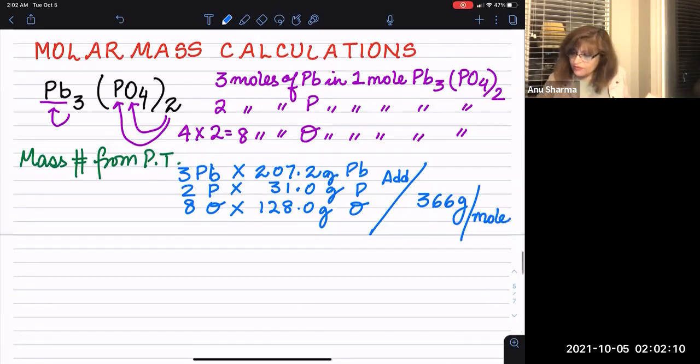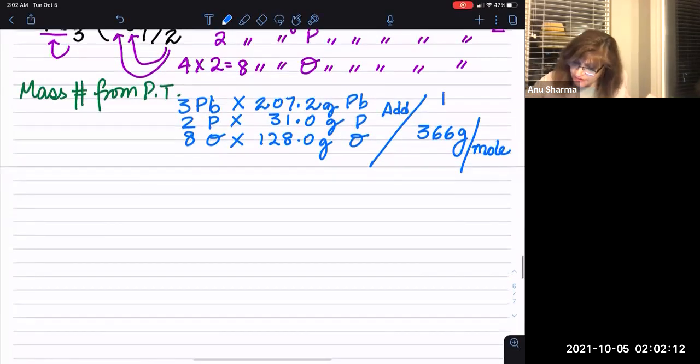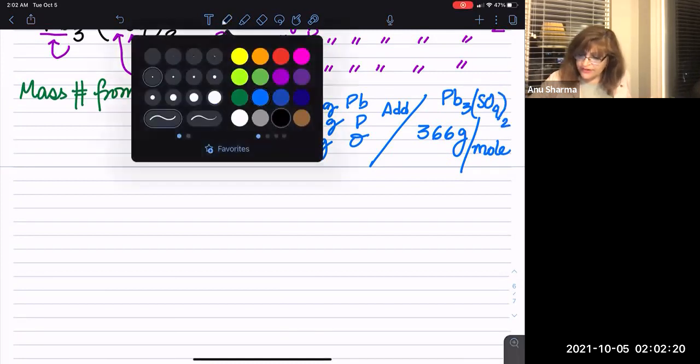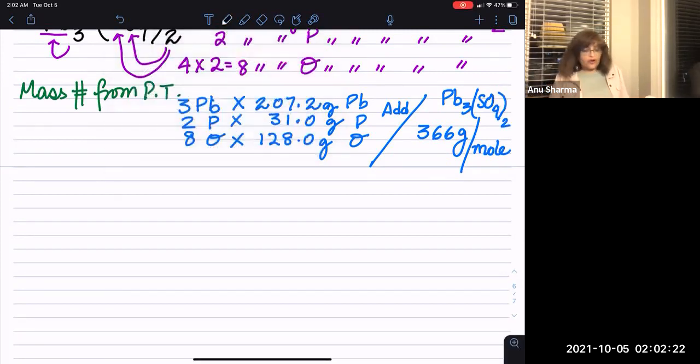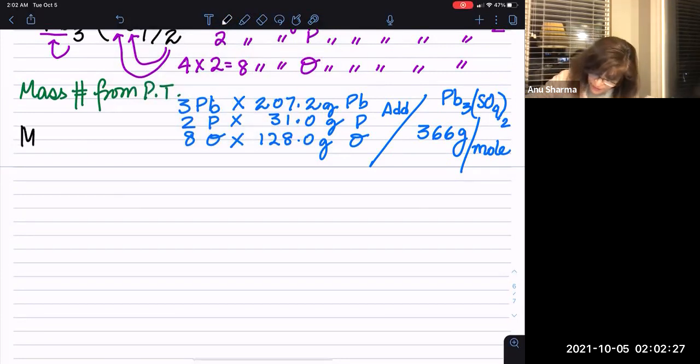Okay, and always write down the units. So this one is Pb3(PO4)2. Always write down. Okay, so this is how you calculate the molar masses. So that is the calculation of molar mass of lead phosphate.